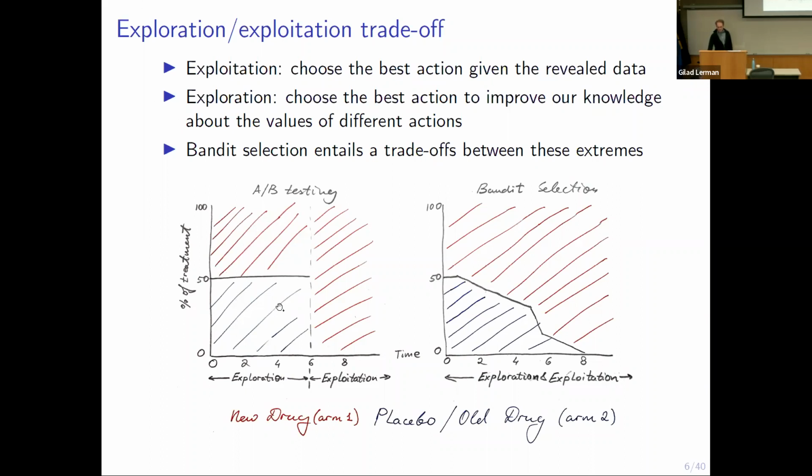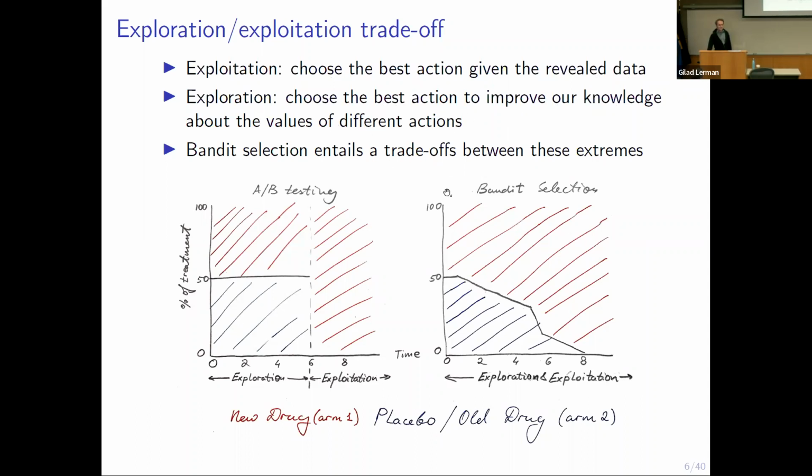In basic A/B testing, in the beginning, you engage in pure exploration to understand how good your drug is. And then after that, you've got an FDA approval and you're doing exploitation, versus a bandit selection where you are simultaneously deciding between choosing the best action given the data revealed so far, but you're also choosing the best action to improve your knowledge about the values of the different actions.